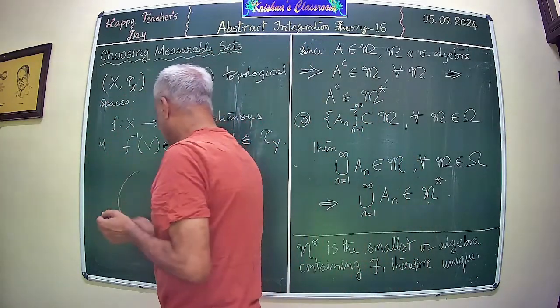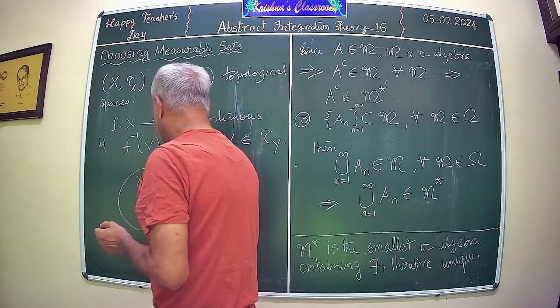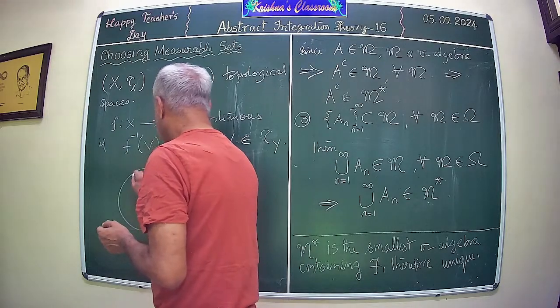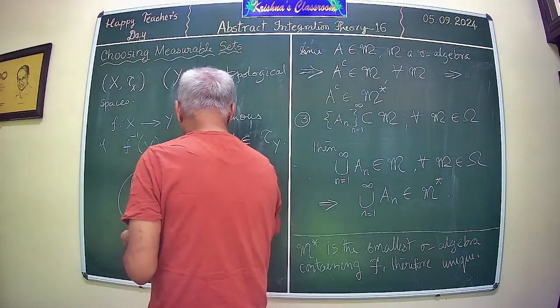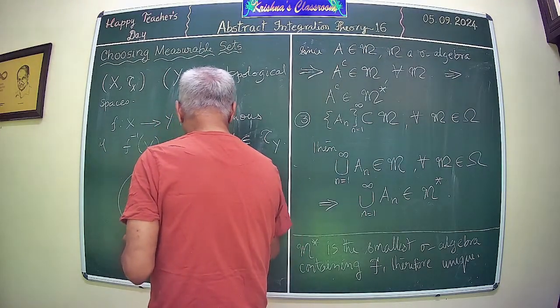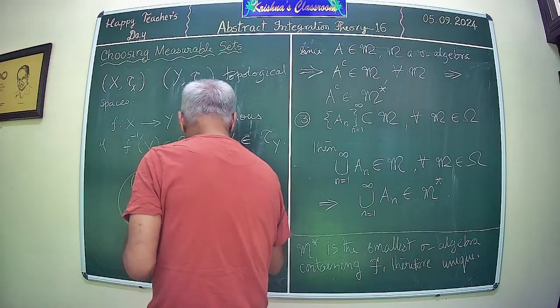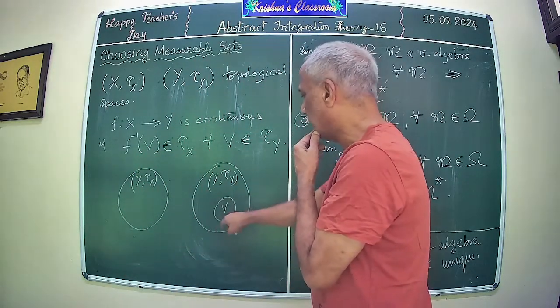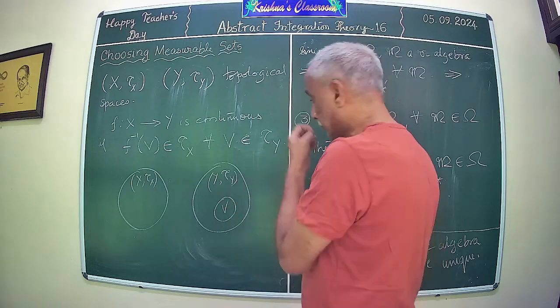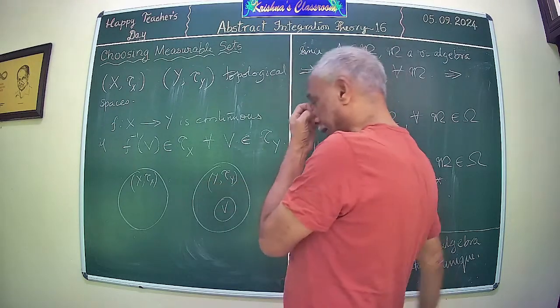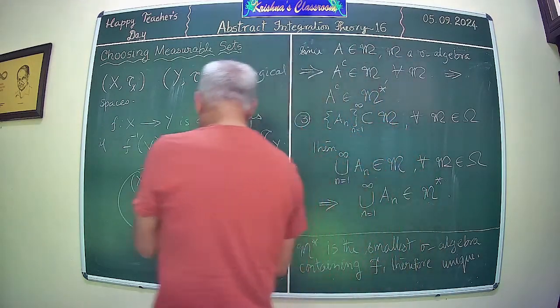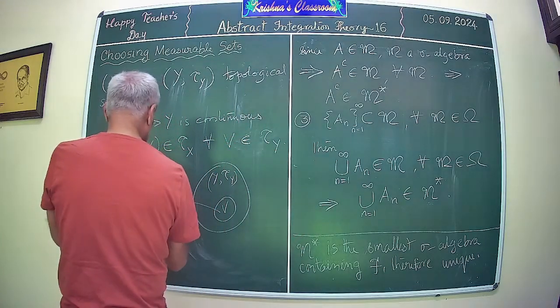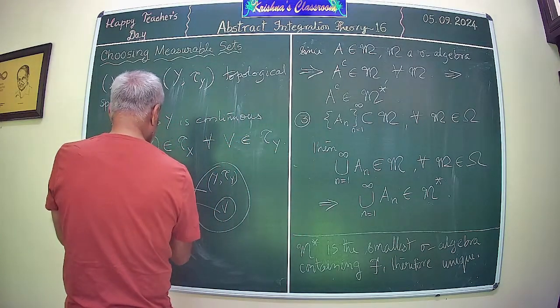This is the scenario. We have X. Suppose V is an element of tau Y, that means it is open in Y. Then you would go for the pullback of this. So there is the function f.